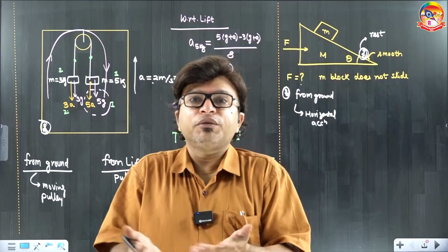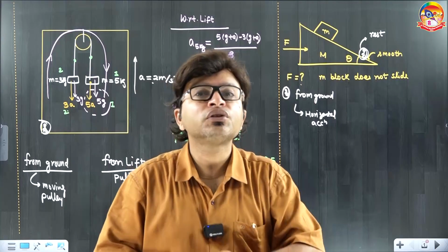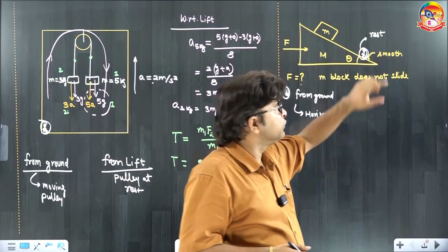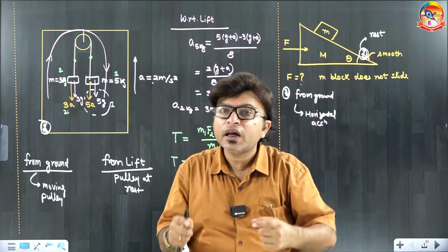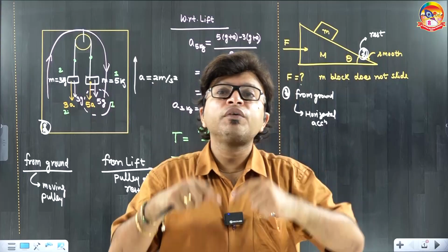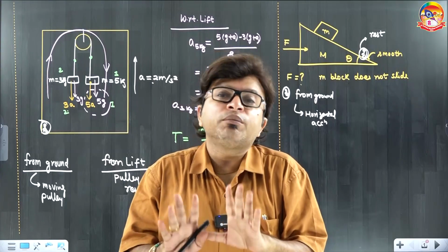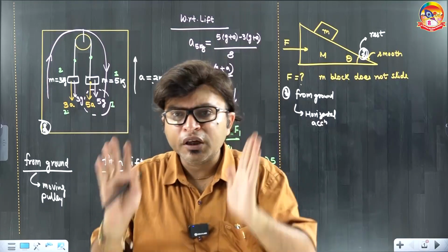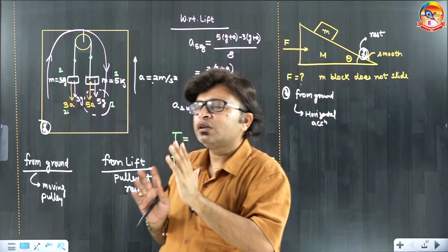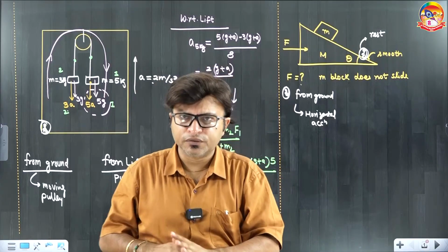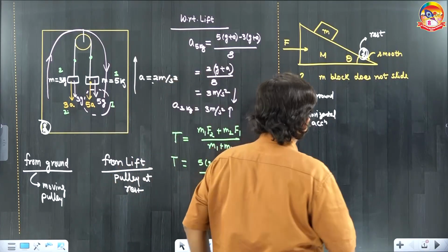Obviously, if the block is at rest, I have to just equate the forces. So I will be dealing with the motion from this frame. Always analyze yourself from which frame you have to observe the motion. Wherever you find comfortable, go in that frame. Most commonly, motions are better observed in a non-inertial frame. So let's go ahead.